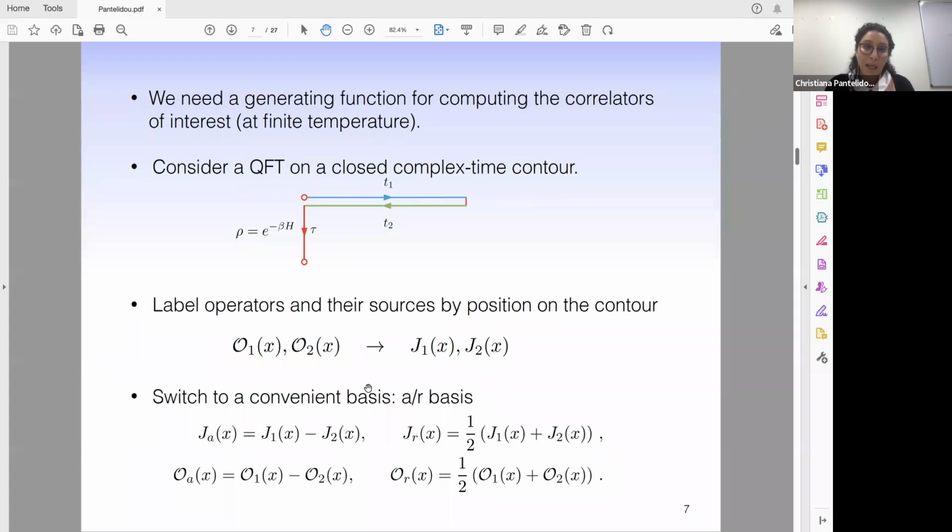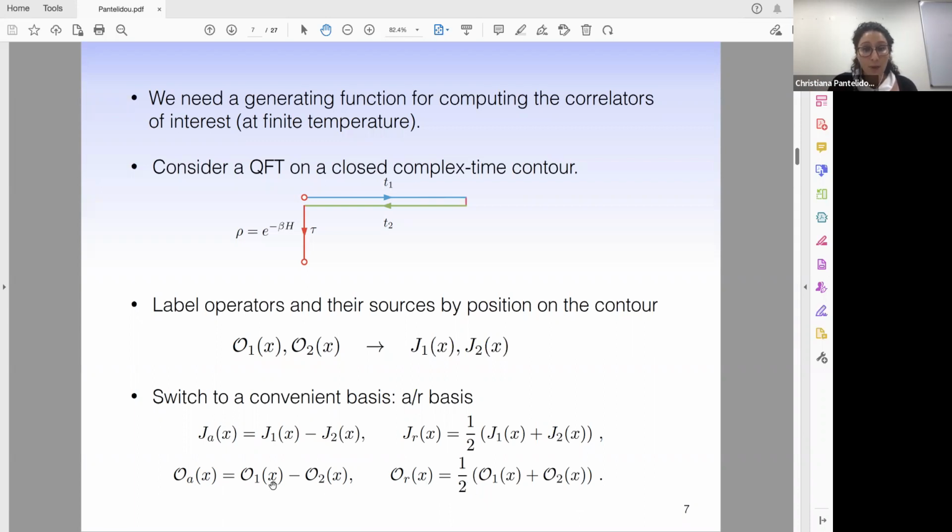Okay. Now, for convenience, it will turn out to be better for us in doing this calculation, instead of considering O1 and O2, to do a slight change of bases and consider OA and OR instead. So OA is essentially the difference of the two operators, and OR is the average of the two.